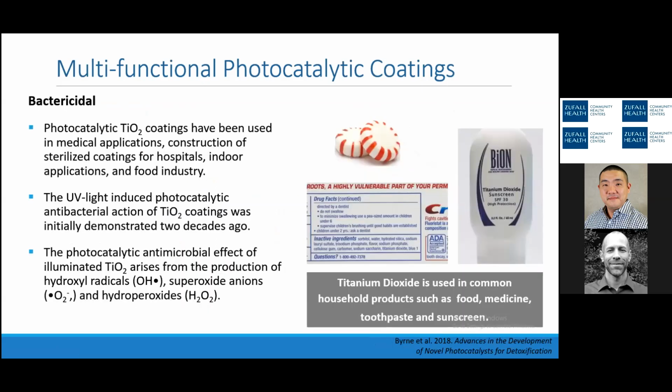These coatings are primarily made with titanium dioxide. Titanium dioxide is used in many applications. It has medical applications. It's also used to have sterilized coatings for hospitals. They sterilize implants as well using these coatings. So they're essentially very safe. They're used in common household products like toothpaste and sunscreen.